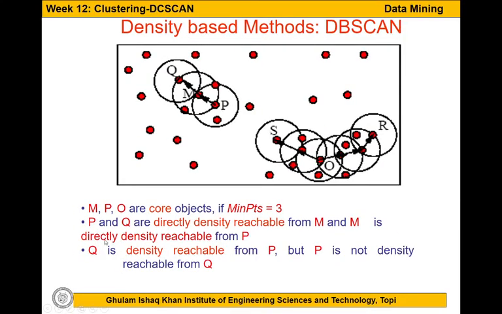Now P and Q are directly density reachable from M, like M can directly go to Q and M can directly go to P. This is fine. And Q is density reachable from P, but P is not density reachable from Q, so that is very obvious.